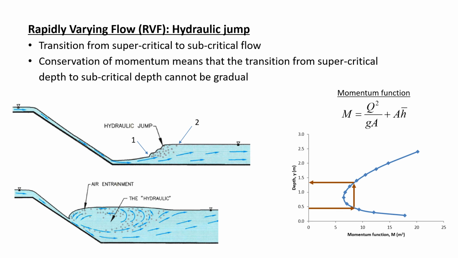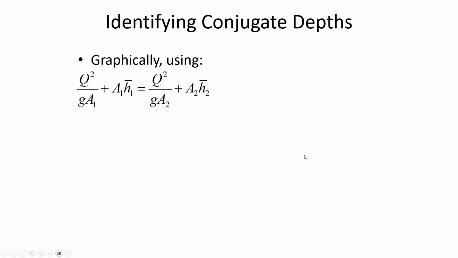So that's a recap of what we talked about previously when it comes to hydraulic jumps. And we can identify the new downstream depth using this graphical approach that I just illustrated.